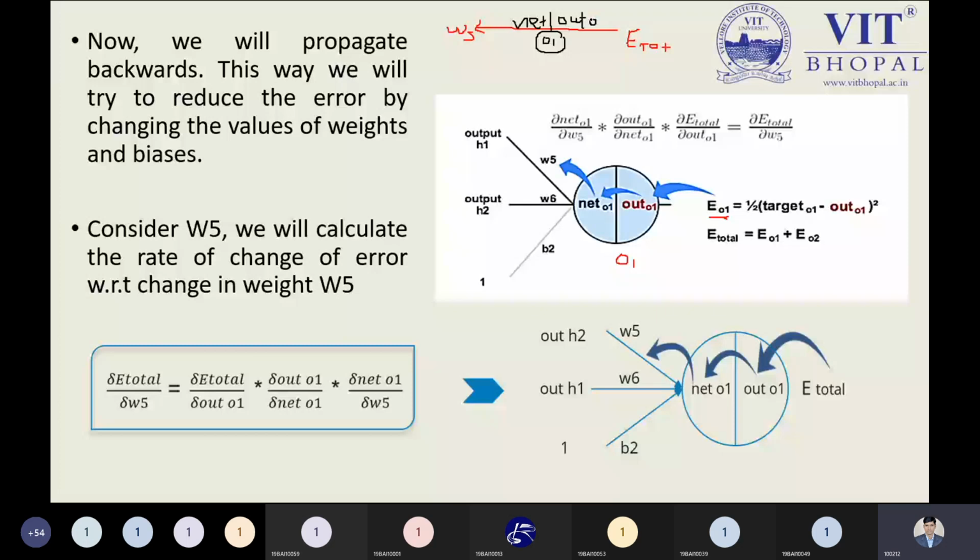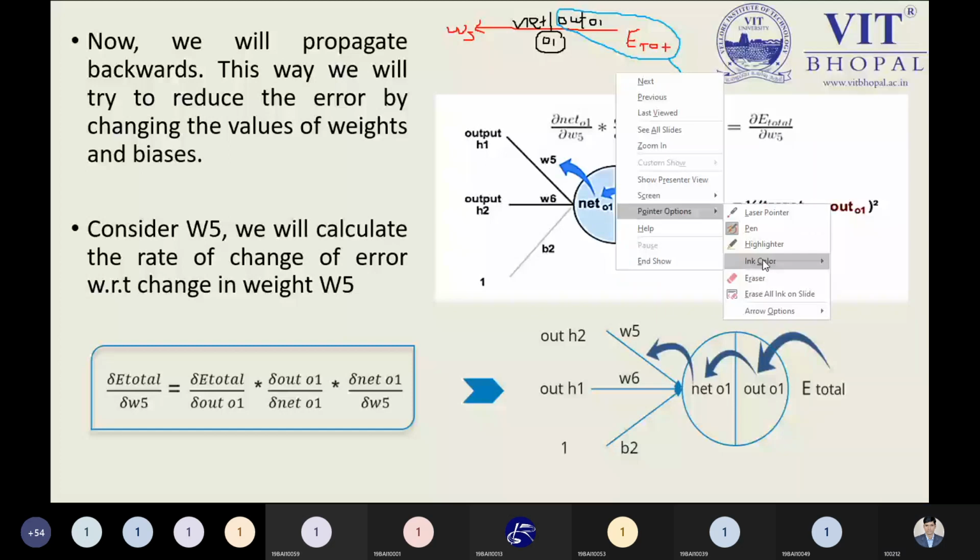So we have to write this concept in a simple way like this. From this diagram, from E total to out O1, we use the partial derivative. I have written it over here. Now I'm using a different color for the other values.